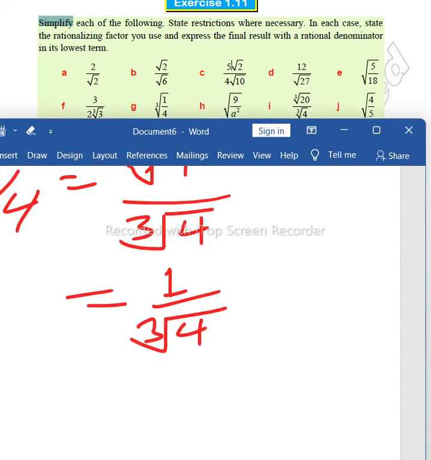To simplify this, we have to rationalize the denominator, the cube root of 4. We write this number again as 1 over the cube root of 2 to the power of 2.